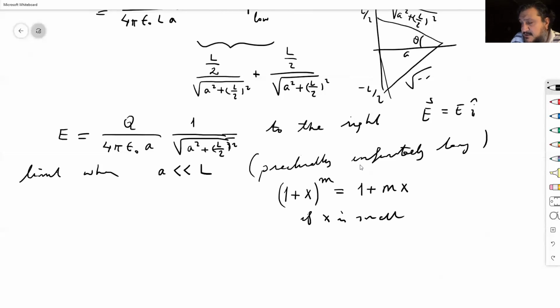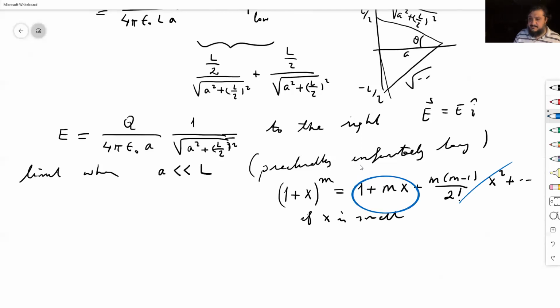I mean, you can actually continue the expansion if you like, m times m minus 1 over 2 factorial x squared. We're not going to go there, but you know how it goes, right? It's a series expansion for small x. You can find it from binomial expansion or from Taylor series or whatever. So let's just consider these, ignore the x squared. Let's just look at this one here, 1 plus that, okay?